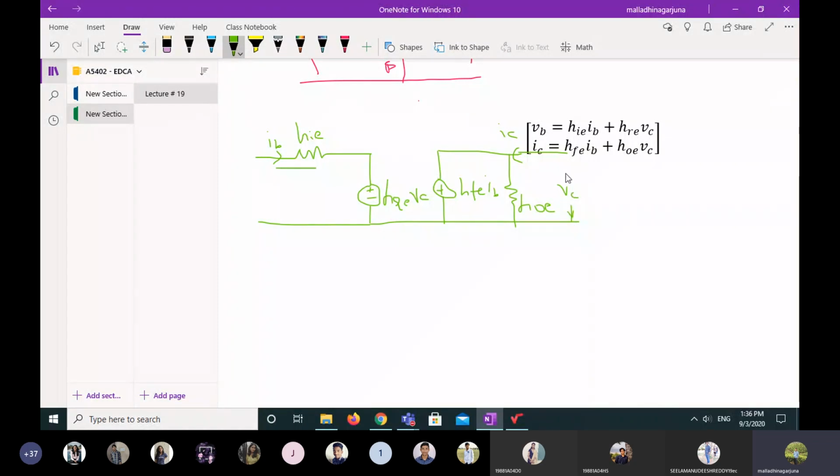Okay, so now we can apply the KVL. So this is VB. So you can apply KVL. From the input you will get the first equation. You apply the KCL at this node, you will get the second equation. So this is the circuit representation for the H parameter equations.